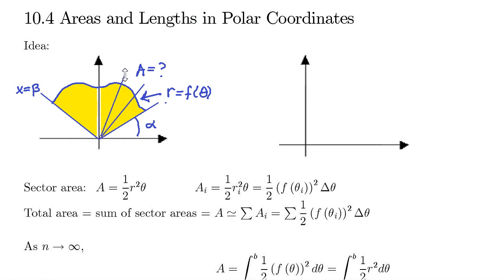Just like when we're doing things in Cartesian coordinates, we might partition along the x-axis. Here we're partitioning the independent variable, which is theta, which is an angle. So we divide this up into a bunch of little sectors. And we know how to find the sector area of a circle.